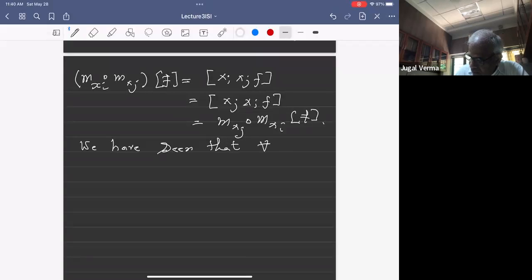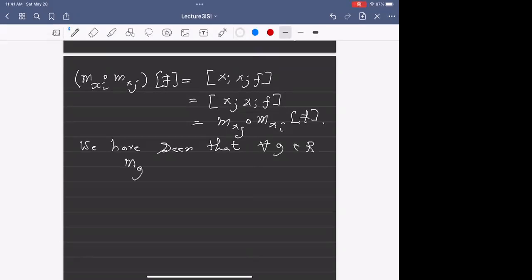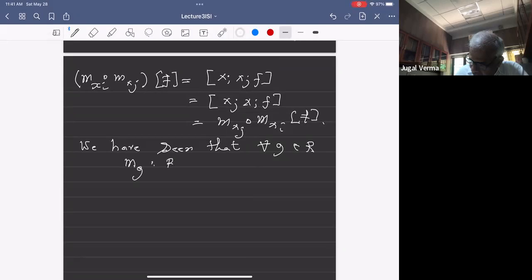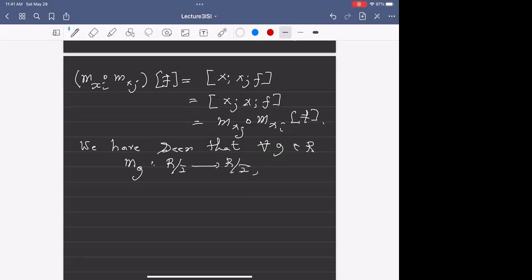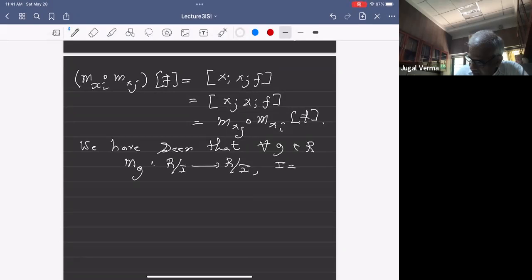For all g in R, consider this linear transformation from R mod I to R mod I, and here I am replacing I by its radical. When you do that, the number of solutions doesn't change.